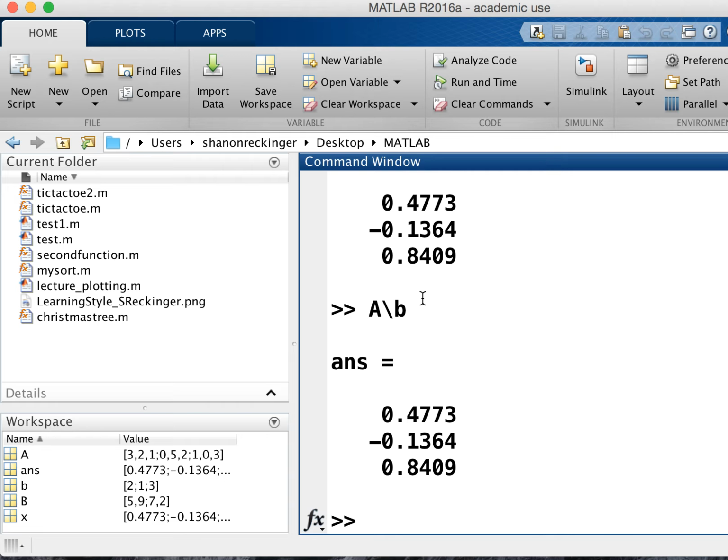And then I'm going to take the second equation and solve for x2. And I'm going to take the third equation and solve for x3.